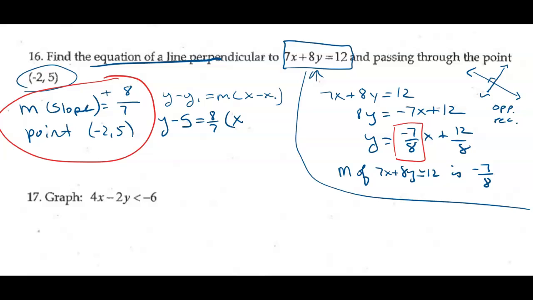But x minus negative 2 is x plus 2. We don't normally leave an equation in this form. We go ahead and multiply everything by 7. So this whole side gets multiplied by 7, and that gets multiplied by 7. Those 7s cancel. This leaves me with 7y minus 35 equals 8 times x plus 2.